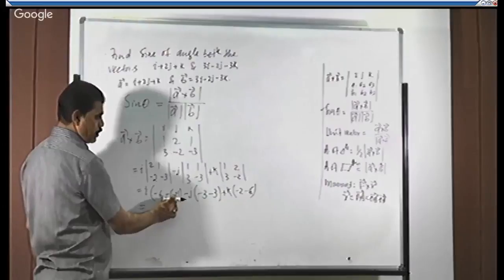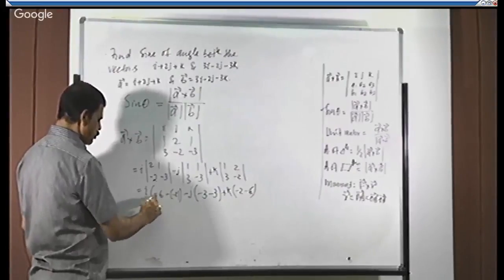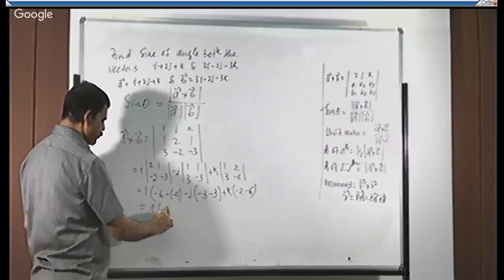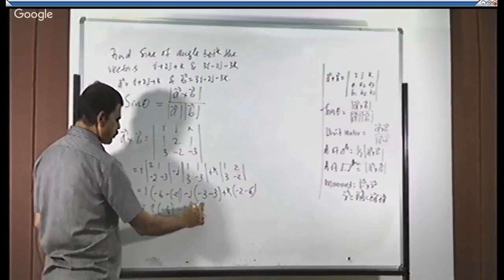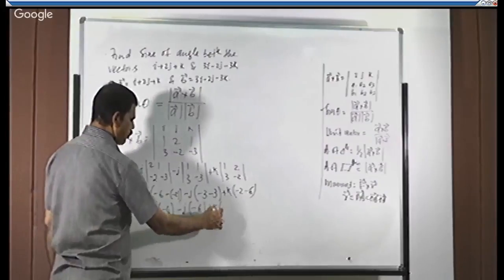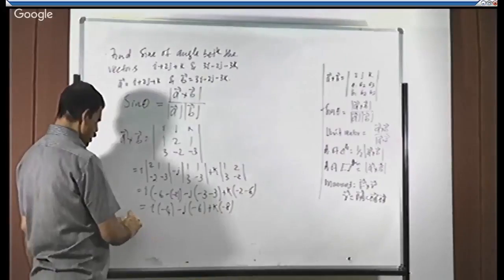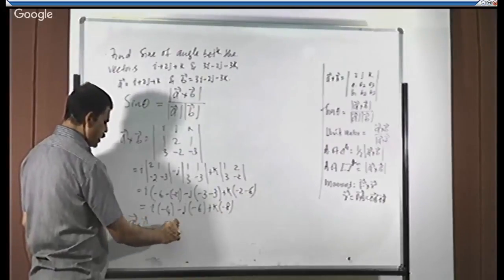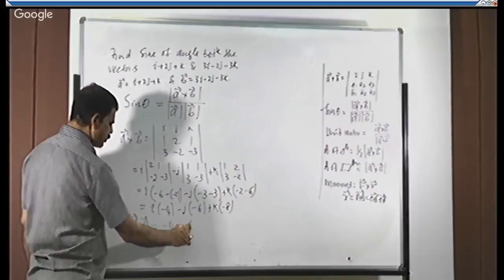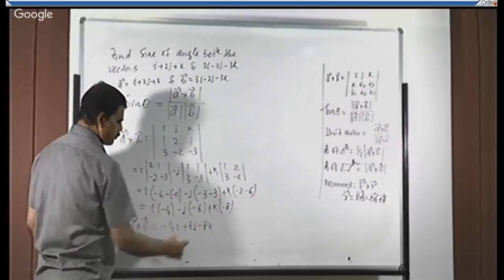Plus 2. Minus 6 plus 2 is equal to minus 4. Minus j into minus 3 minus 3, minus 6, plus k into minus 8. That is A cross B is equal to minus 4i plus 6j minus 8k.